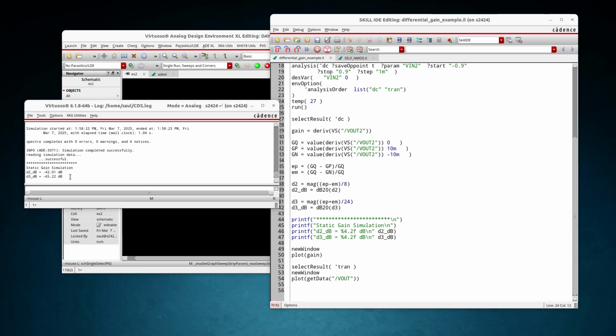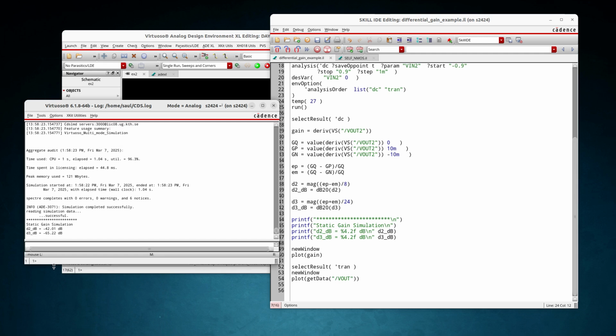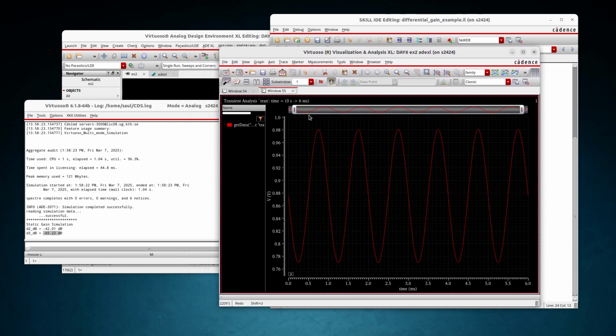Then after it finishes, it gives us as a result that the intermodulation, the second and third order distortion values obtained from the DC sweep are minus 42 dB and minus 65 dB, just by using the equations. And then let's take a look at what happens if we check the transient simulation.